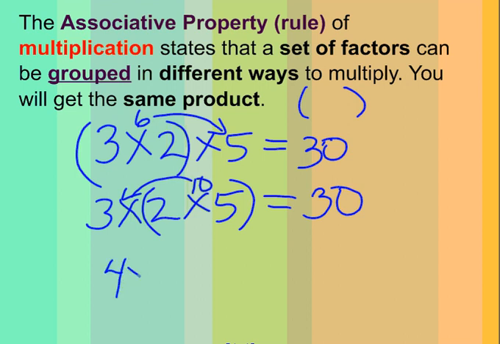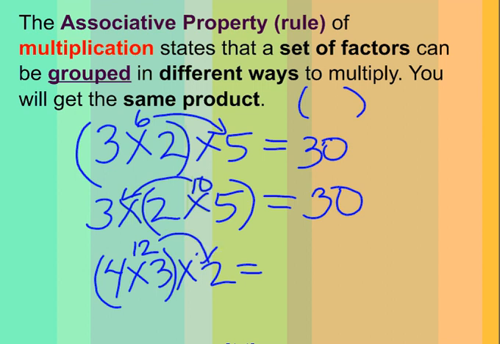Again, 4 times 3 times 2. I can group it this way. If I have 4 times 3, I know that 4 times 3 is 12. And then if I multiply 12 times 2, I know 12 times 2 equals 24.